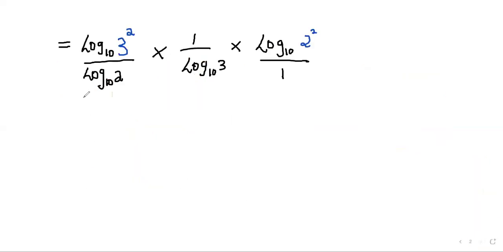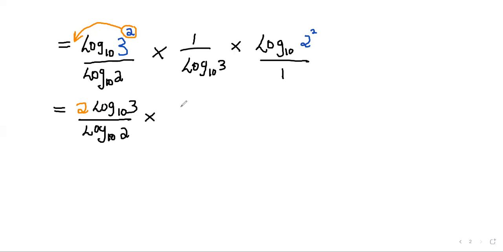Right? And then with regards to this, the next very important concept is that you're going to take these two and bring it forth here in front. So it means to say you'll be having 2 times the log of 10 base 3. Then we divide by the log of 10 base 2 as it is.